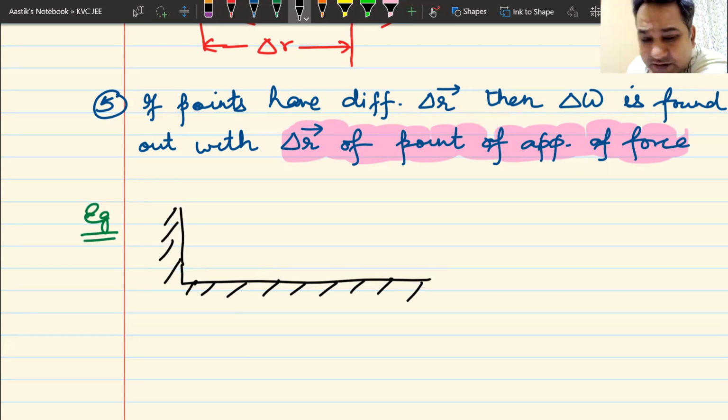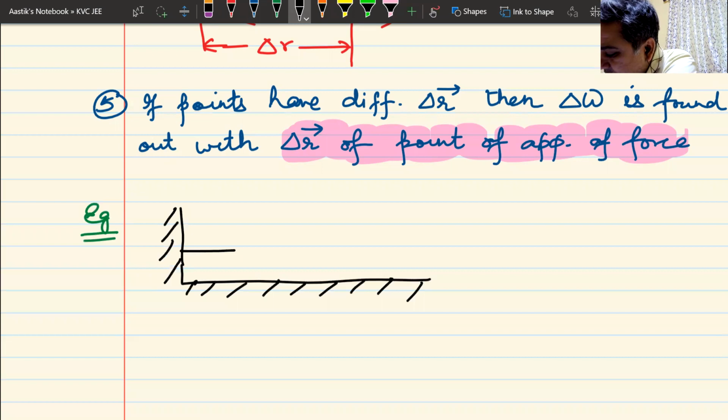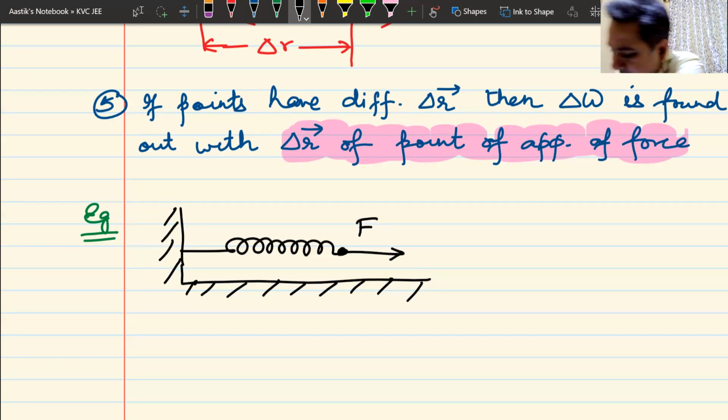This is a wall on a floor, and we have this famous spring, and I have applied a force F on this spring. Once I apply a force on this spring, and I'm looking specifically at this point, I move this point from here to here. So basically I've extended it.